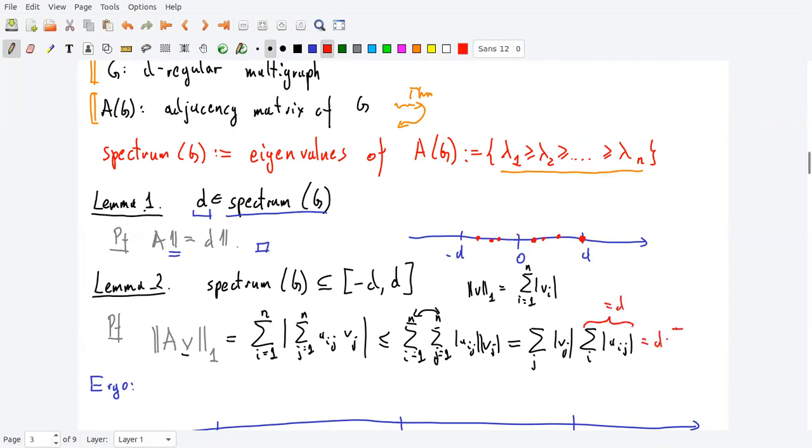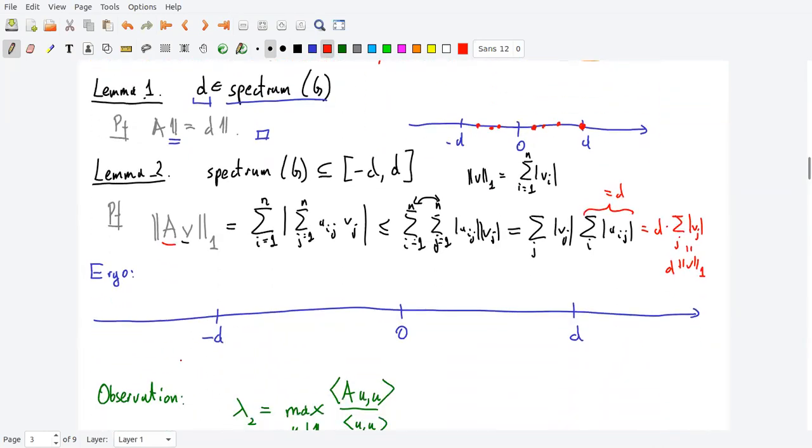So this is d times the sum over j of the absolute values of v_j, which is exactly the L1 norm of the vector v. So this means that in the one norm, our matrix A cannot expand any vector by more than d. So in particular, there cannot be any eigenvalue that is larger than d in absolute value.